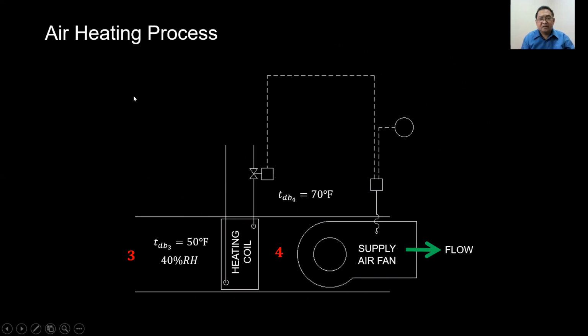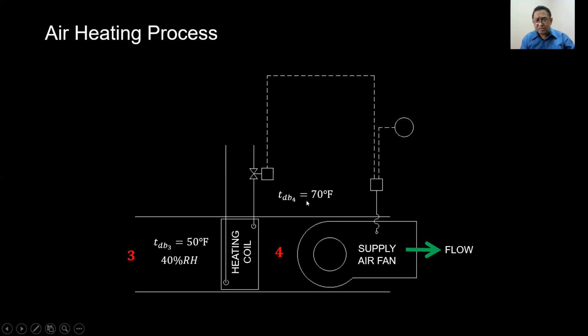So let's now take up the air heating process. We have already done the mixing process. For example, we have air at point 3 at 50 Fahrenheit and 40% RH that will be heated until it reaches point 4, where the target dry bulb temperature will be 70 Fahrenheit.